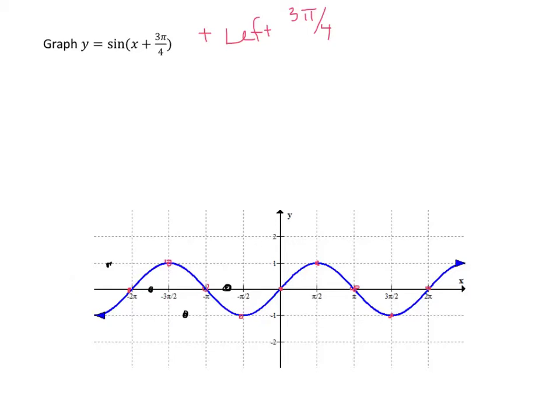And I will continue with each one of those. So 3/4 of pi will be here. And now I can sketch this graph. So I have moved every single one of these points to the left.